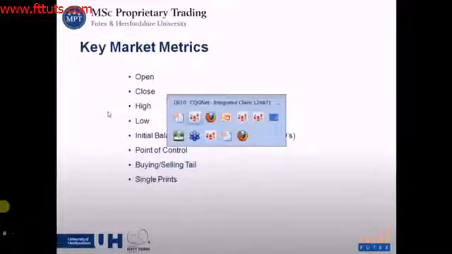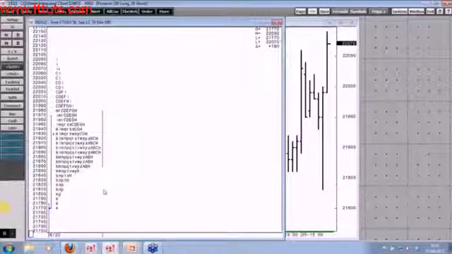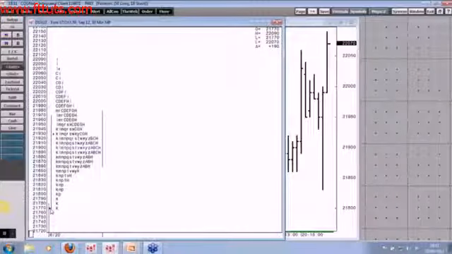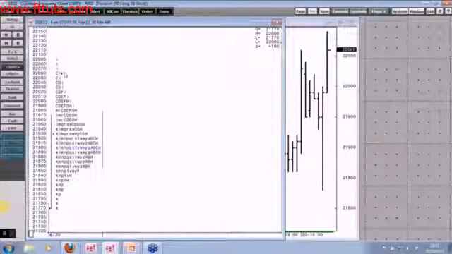So the open, close, high and low. How do we actually find that from a market profile? Different providers will show it differently, but all I can see on here, this first small blue triangle on the left-hand side of the profile is showing me where this market opened this morning. The market is currently open, so it's still moving.